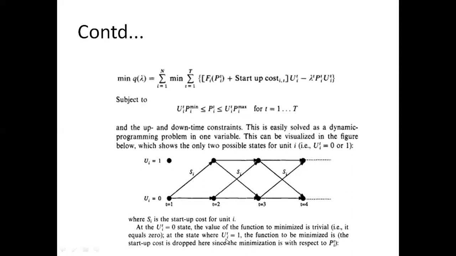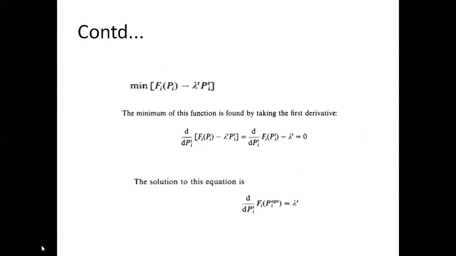At the state where u_it equal to 1, the function to be minimized, that is the startup cost, is dropped here since the minimization is with respect to P_it. So there are two states that we have already seen: u_it equal to 0 and u_it equal to 1. The minimum of F_i(P_i) minus lambda_t P_i is found by taking the first order derivative of that particular equation.